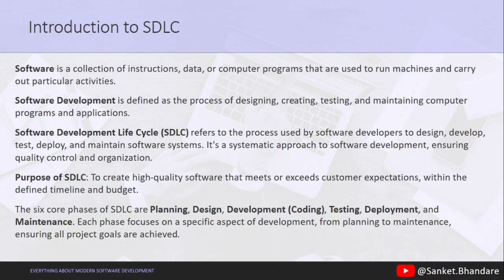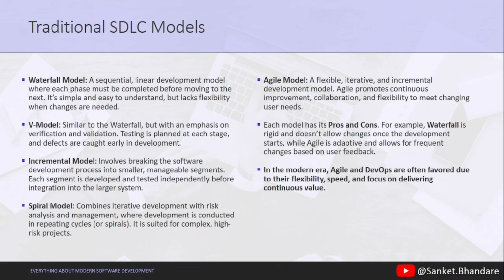In the next slide, we are going to cover traditional software development lifecycle models. To begin with, we have the waterfall model. The waterfall model is a traditional model which was used in the 90s to create applications, and it follows a sequential linear development model where each phase must be completed before moving to the next stage.